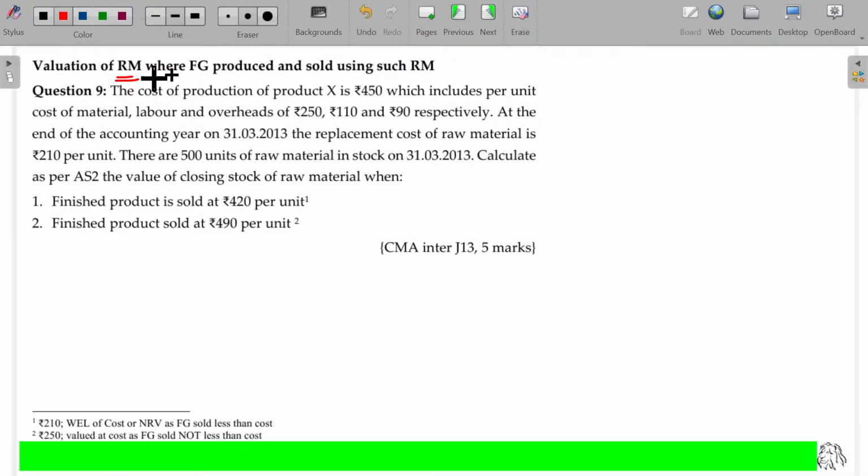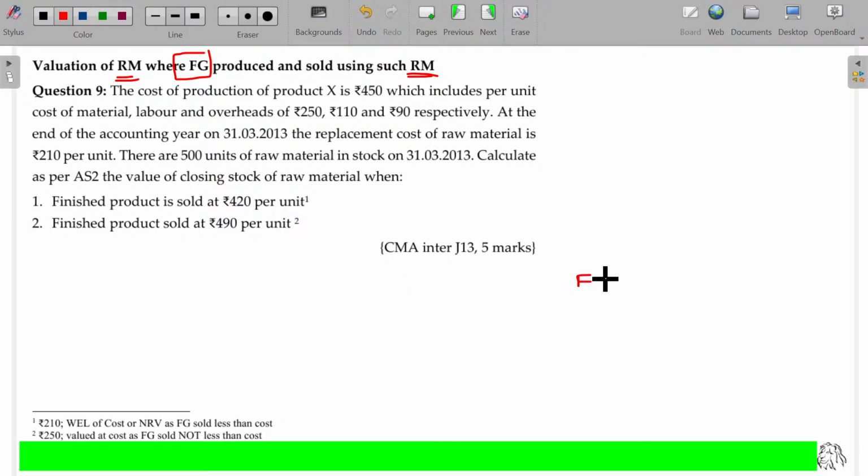Valuation of raw material where finished goods are produced and sold using such raw material. So we have raw material as well as finished goods both. In that case, raw material stock value will be taken as whichever is lower of cost or NRV, provided finished goods value goes down in the market. If the finished goods value remains standard or higher, no need to adjust for the raw material value. Right.